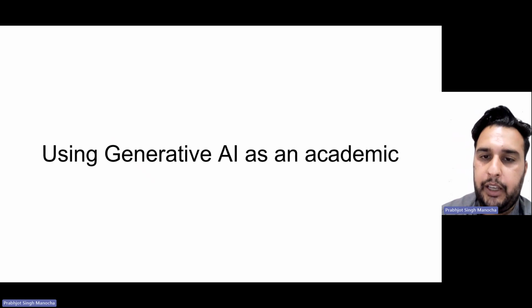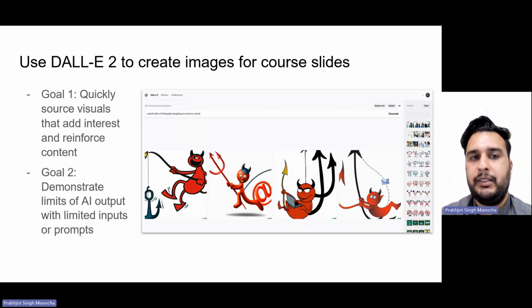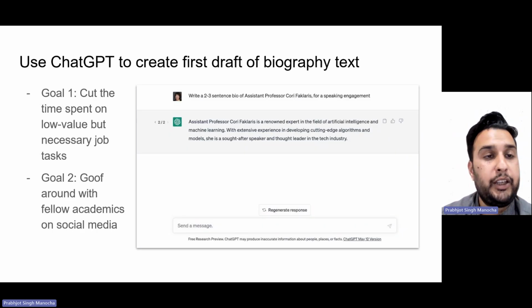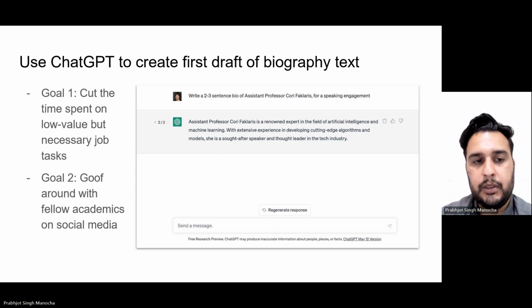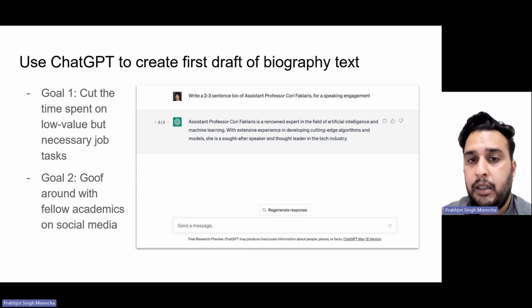So using generative AI tools as an academic, we can also use them. A few of these examples are there, such as course slides that can be generated. We can use ChatGPT to cut the time spent on low-value but necessary jobs, or to goof around with fellow academics on social media, for example, write a two to three sentence bio of Assistant Professor Corey Flaris for a speaking engagement, right?